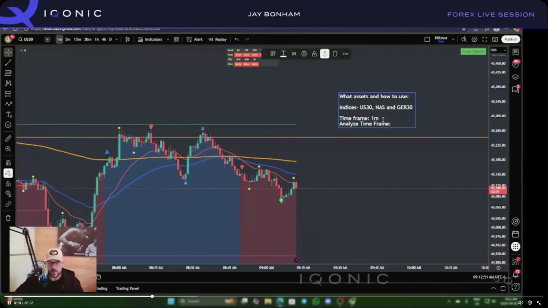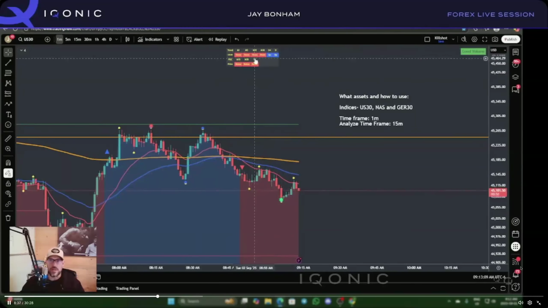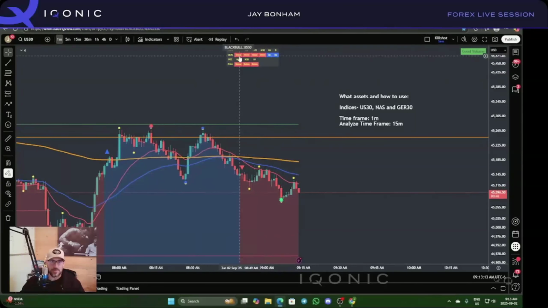Because we are always doing a top down, we always want to go 2 time frames up. So we want to go to the 15 and come back to the 1. We can talk about the 15 minute down to the 1.